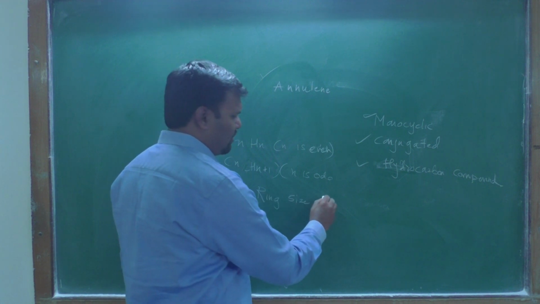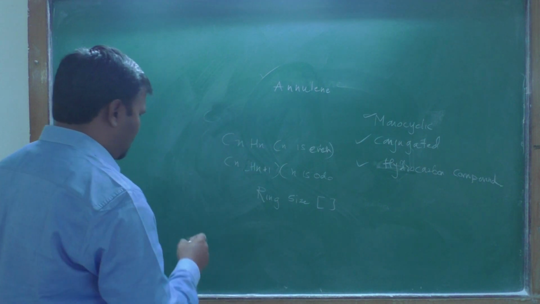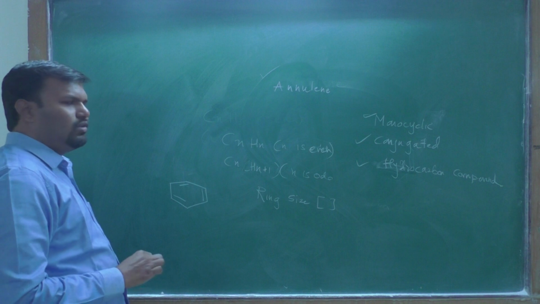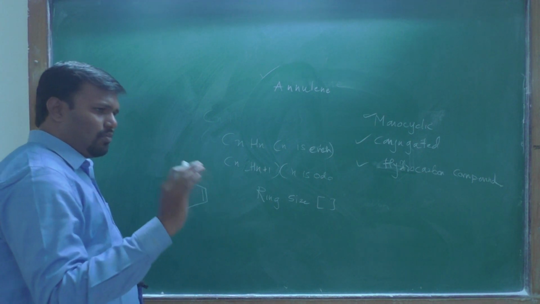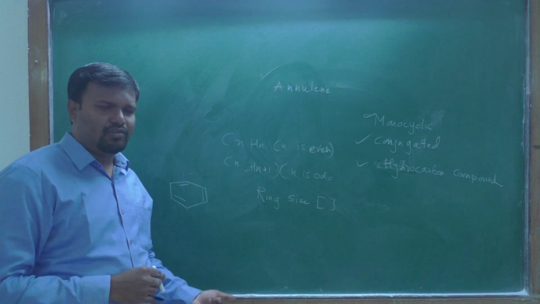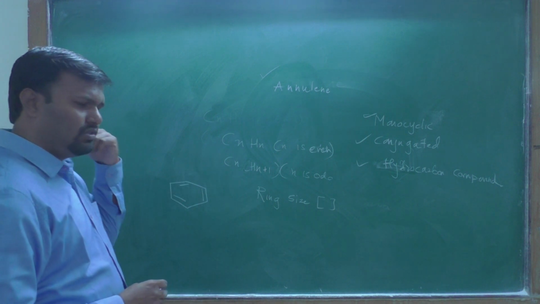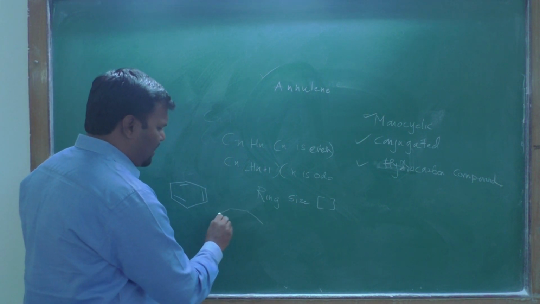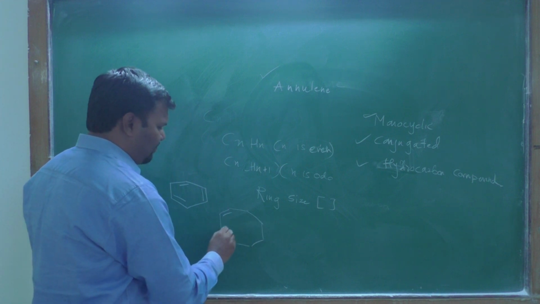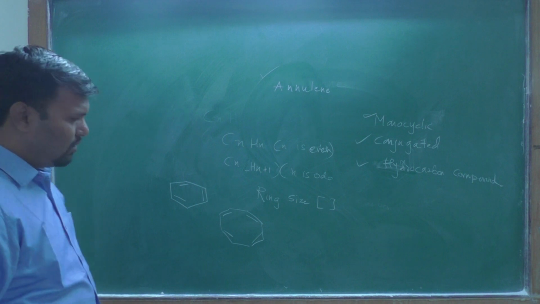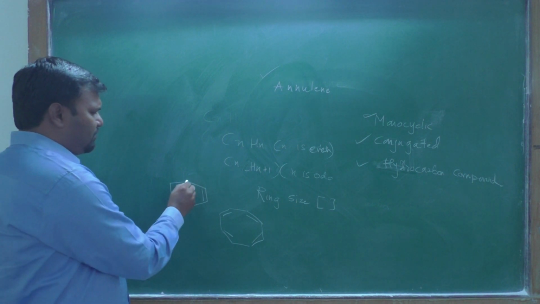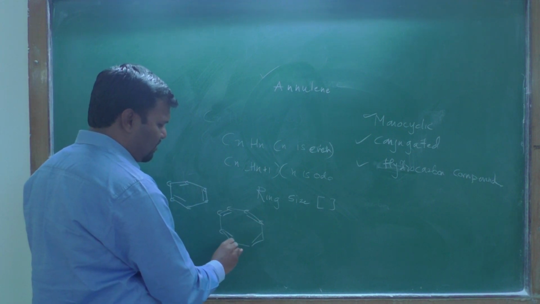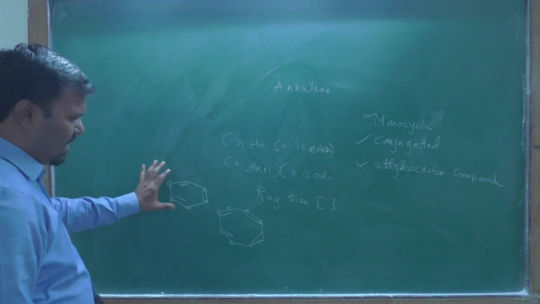And the ring size of the compound is shown in brackets. Suppose we have two examples: benzene is also an annulene compound. Normally more than 7 we will discuss as an annulene, but this compound also comes under annulene. And the second example is the cyclooctatetraene compound. In benzene there are 6 carbons, in cyclooctatetraene there are 8 carbons.